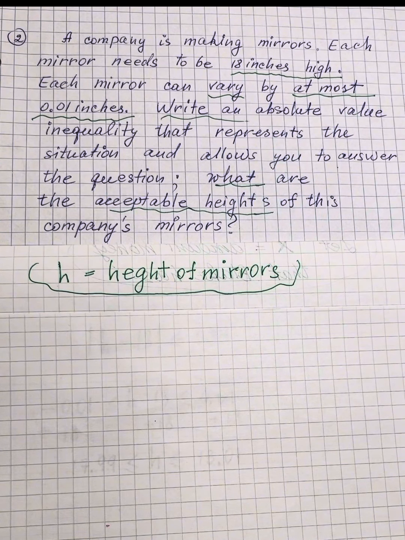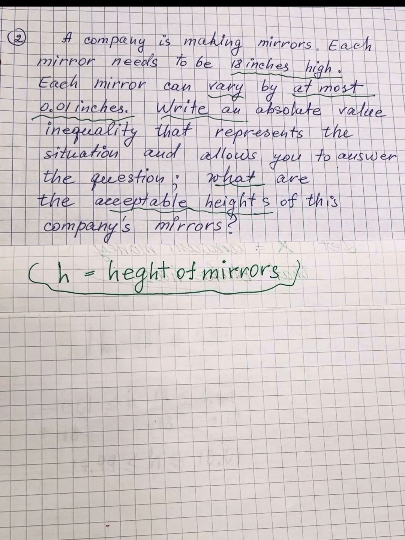So we're going to read carefully. We're going to underline keywords that we have to pay attention and meaning of these values and what actually they're asking us to do. A company is making mirrors. Each mirror needs to be 18-inch height. So this information I did highlight it.